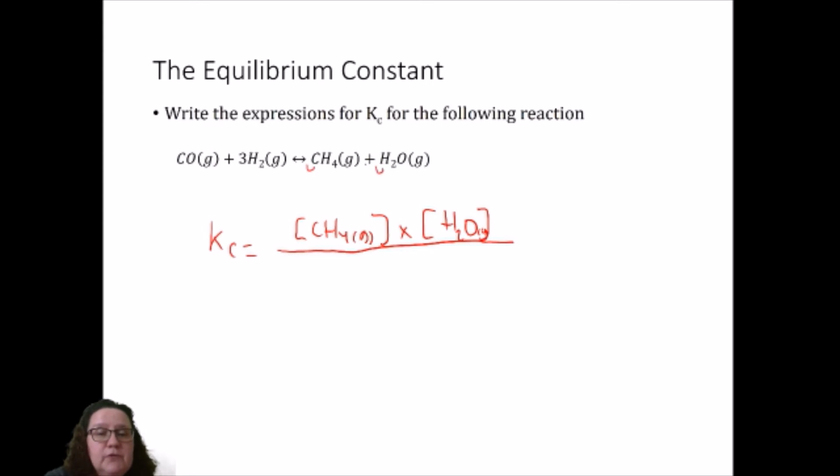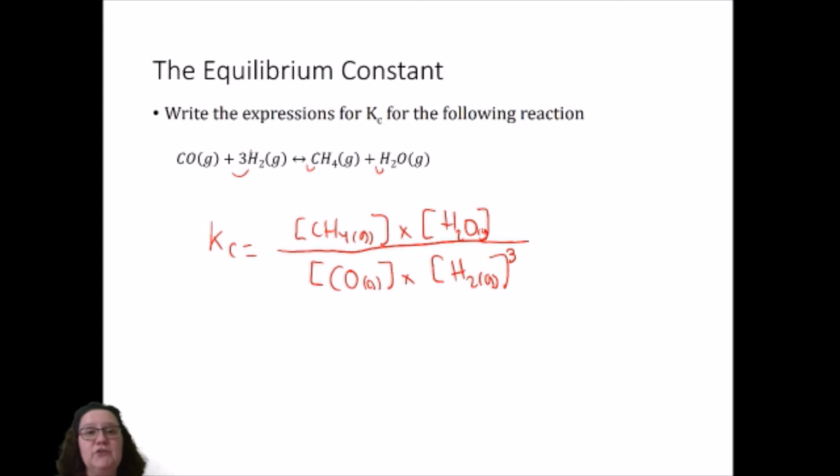And in the denominator I would have the product of the concentrations of the reagents: carbon monoxide gas, again to the power of 1, and the concentration of hydrogen to the power of 3, because that's the stoichiometric coefficient for the hydrogen.